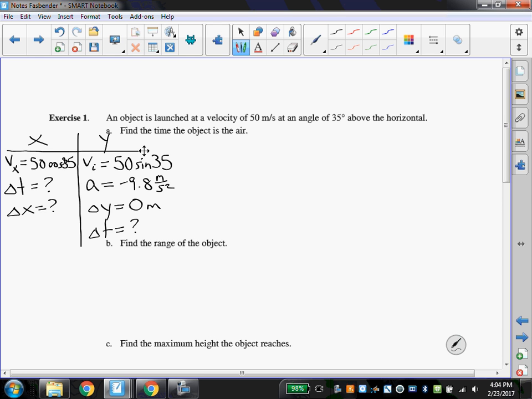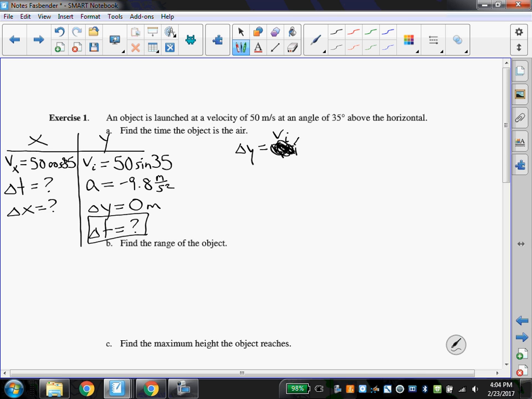Part A asked us to please find the time that the object is in the air. So we look at our xy table and we say, well, we only have one unknown on the y side, and that is the time. So let's use everything we know about y in order to figure out what this time is going to be.